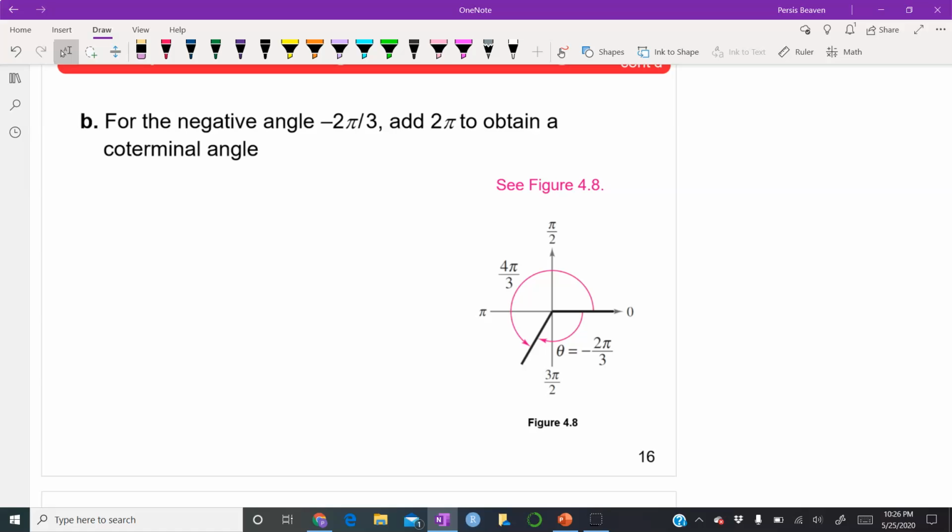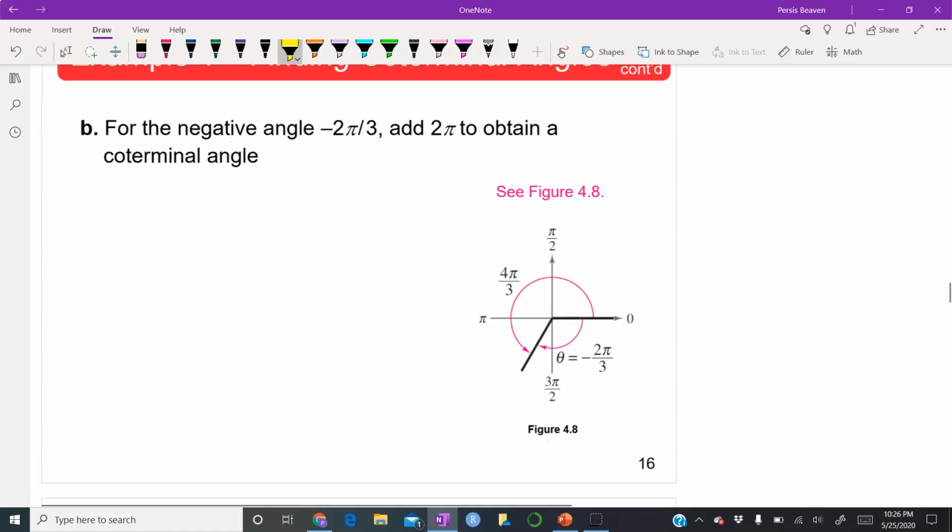For negative angles, such as the one we have listed here, negative 2 pi over 3, let's pretend that we don't have the graphical representation of it. So let's read the question. It says, for the negative angle negative 2 pi over 3, add 2 pi to obtain a coterminal angle.